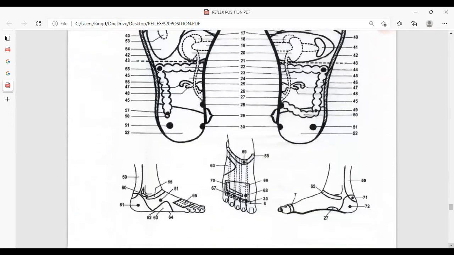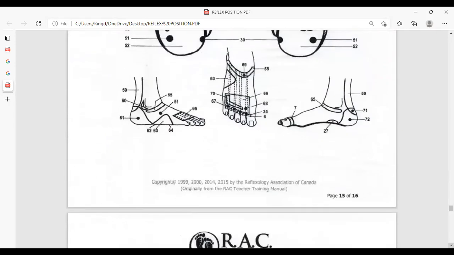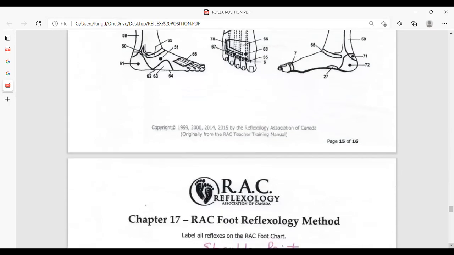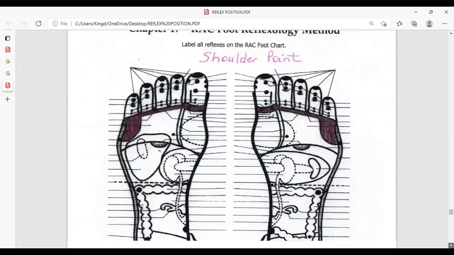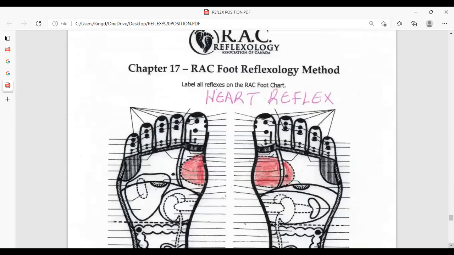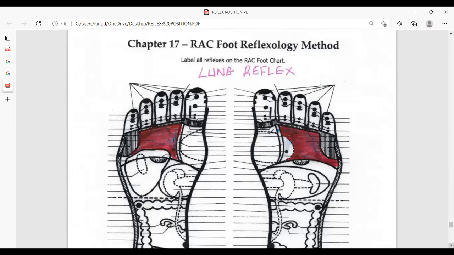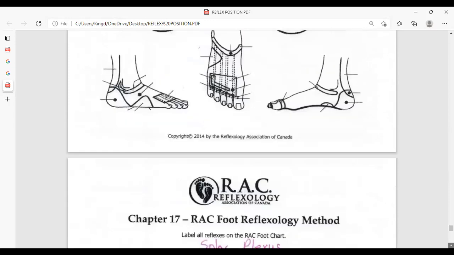So I want you to practice. I will take your hours by videos. So apart from your report, you would need every now and then to video a session that you're doing. Don't show the person's face. Show the reflexes, heart reflex, lung reflex.